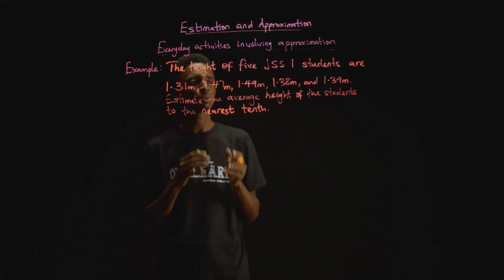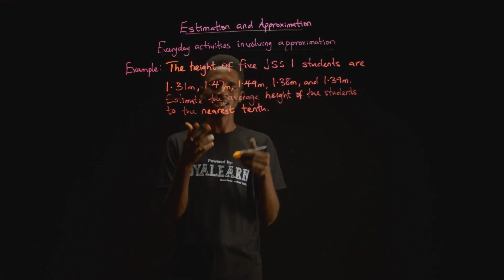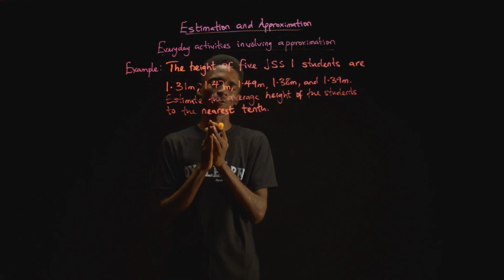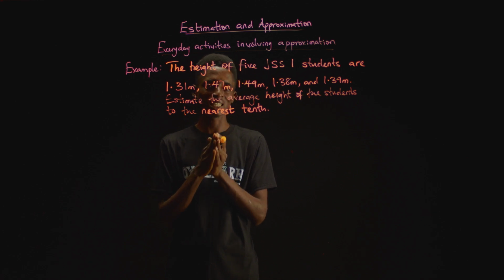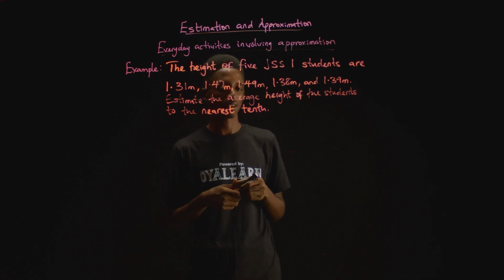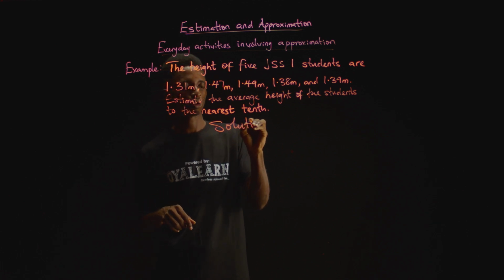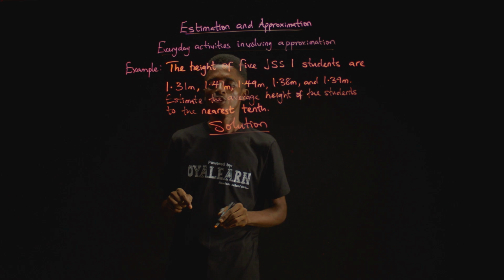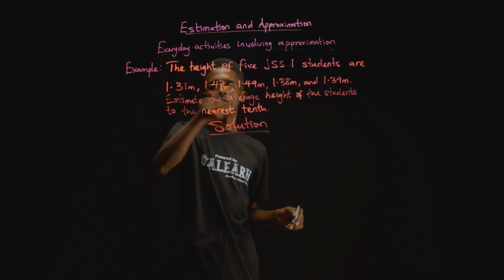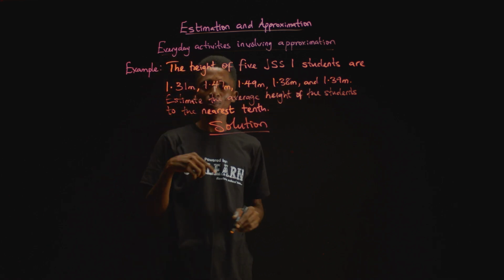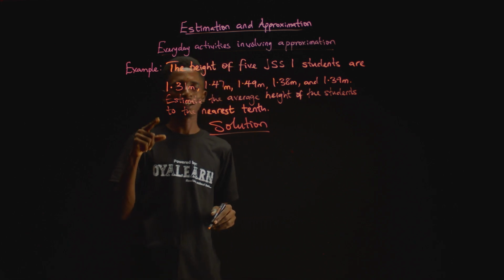So to do this, we first estimate each height to the nearest tenth, and then we add all of the 5 heights together and divide by 5. Solution. So we are adding up all of these heights by first approximating to the nearest tenth.